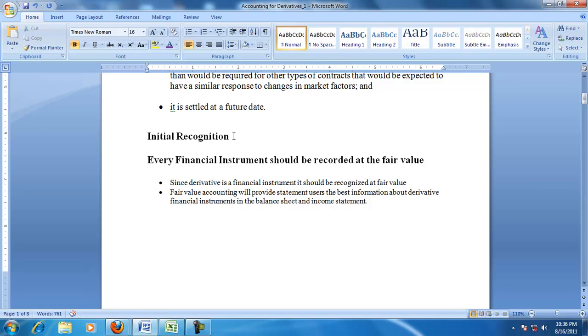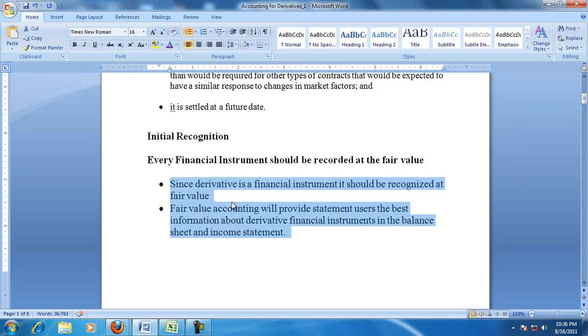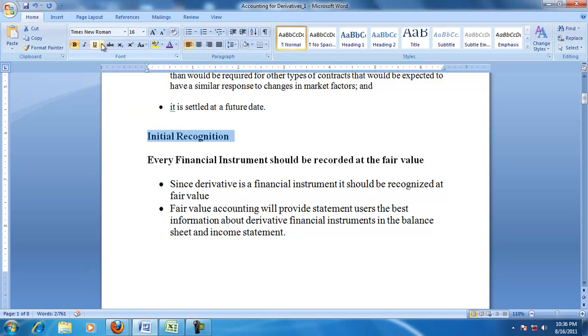And since the derivative is a financial instrument, it should also be recognized at fair value. So the initial recognition is the same as for any other financial instrument.